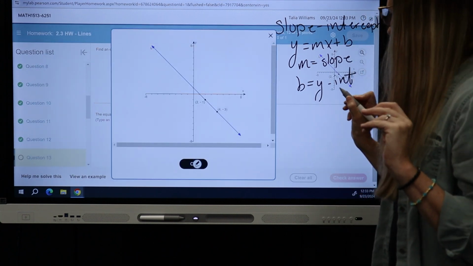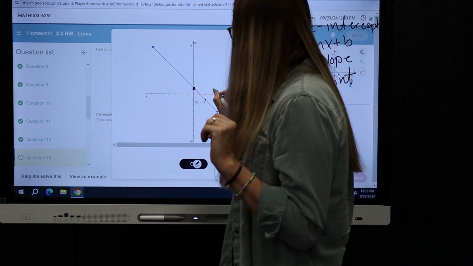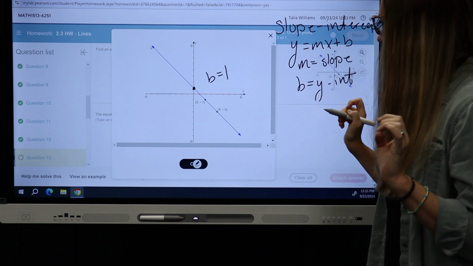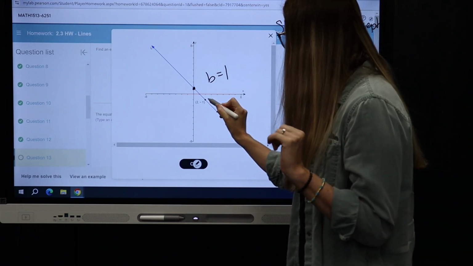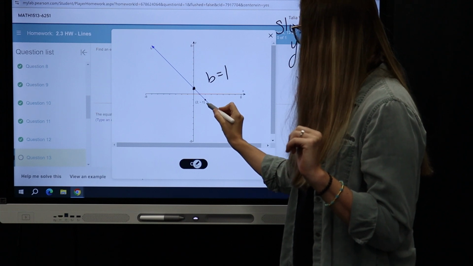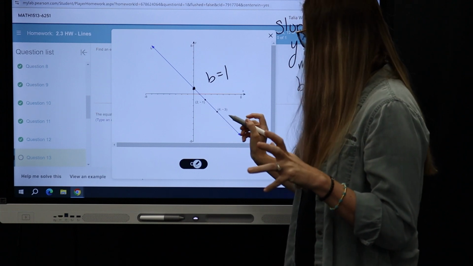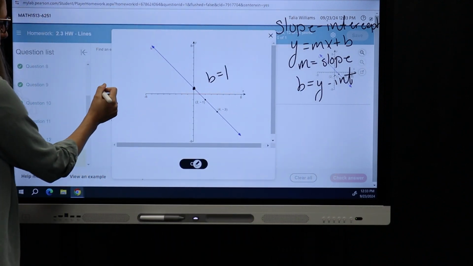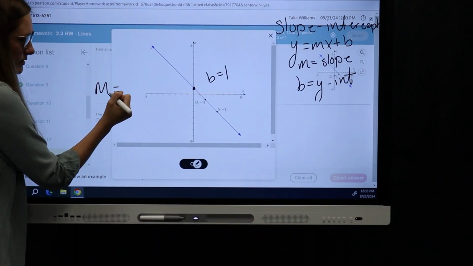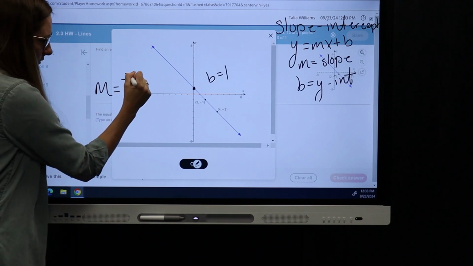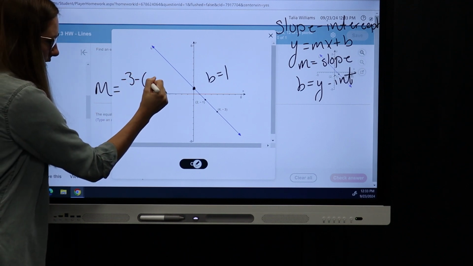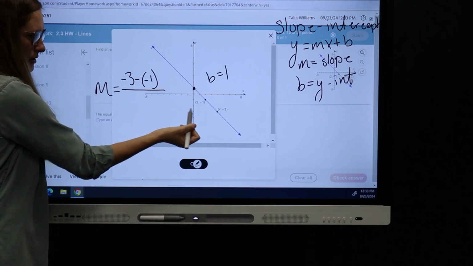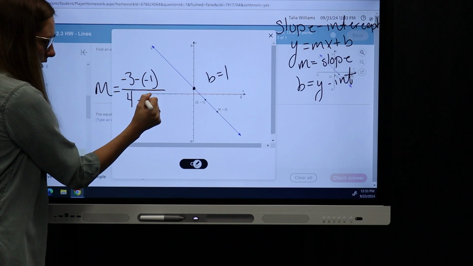Okay, so once again, our y-intercept right there is going to be at 1 this time, positive 1. Then if we look at this slope, we can do it algebraically, or we can just count it. We'll do it algebraically this time just to keep that going. So y2, we'll do -3 subtract our y1, -1, over, since I used -3 first, we have to use 4 subtract 2.